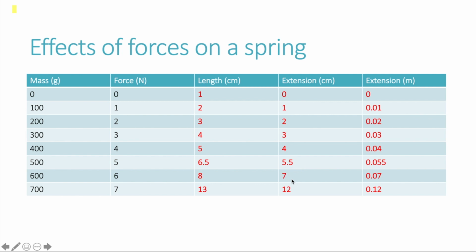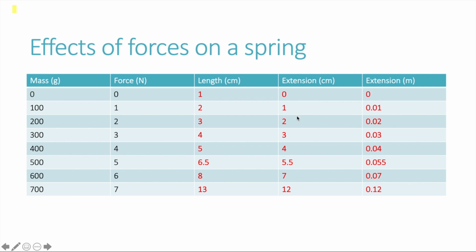And eventually from 600 to 700 grams, it jumped by a huge margin of 5 centimeters. So what we can infer from this data is that for the first 400 grams of incrementally adding 100 grams on the spring, there is proportionality between the mass, or in other words the force that we apply, and the extension of the spring.